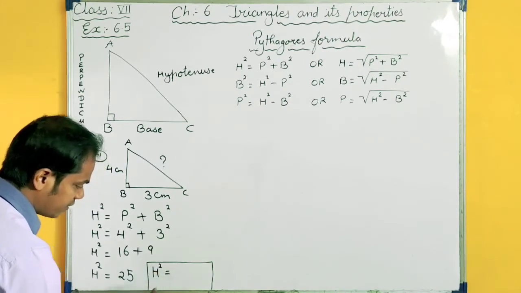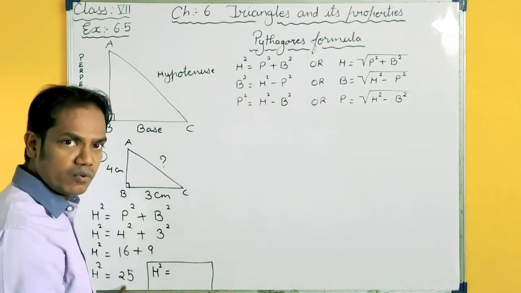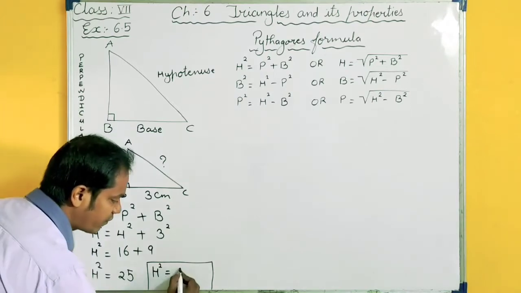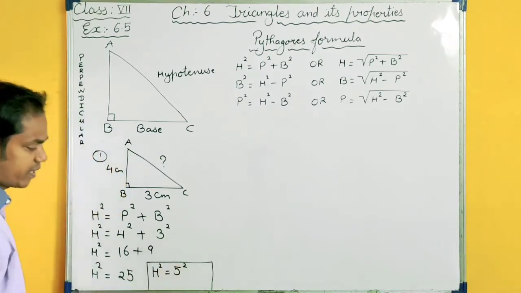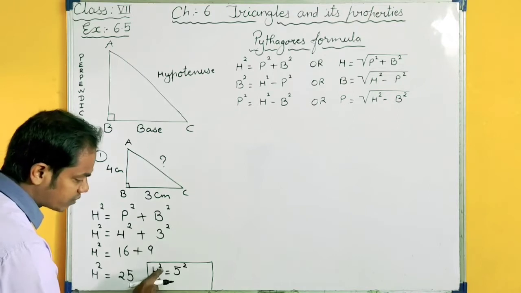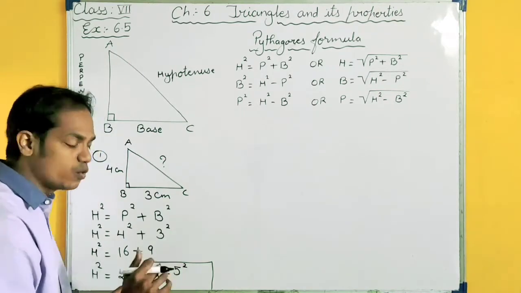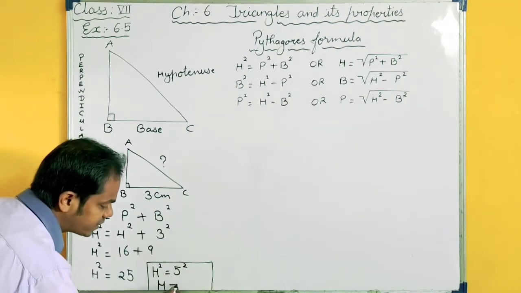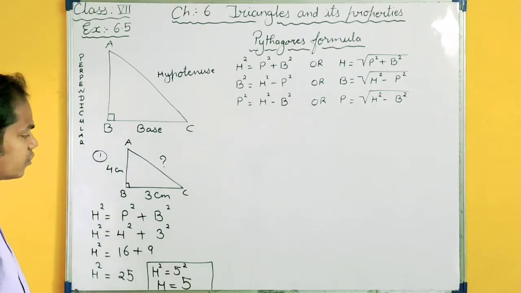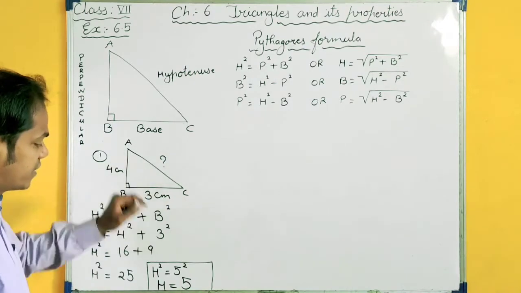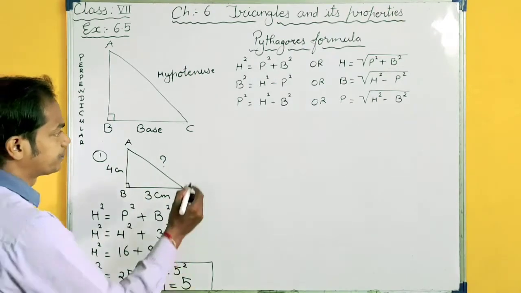Can you convert this 25 into square form? Yes, 5 fives are 25, so I can write 5 square. Square to square is reduced. Now what is remaining? H is equal to 5. So your hypotenuse is 5 centimeter.